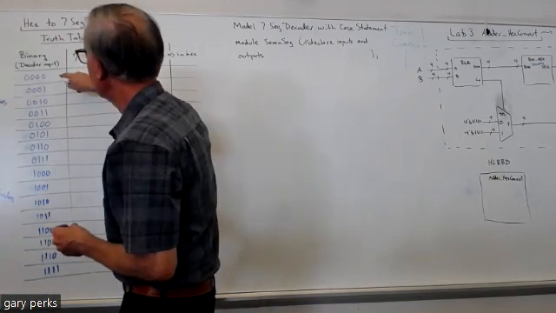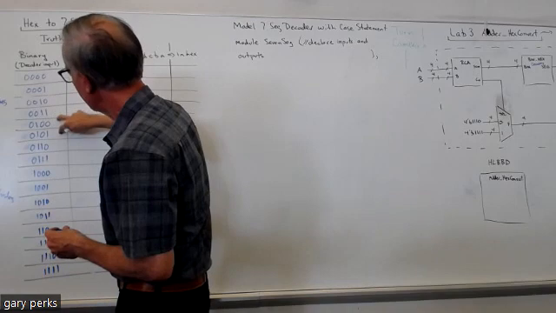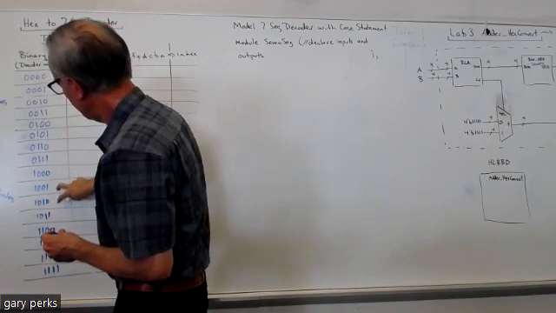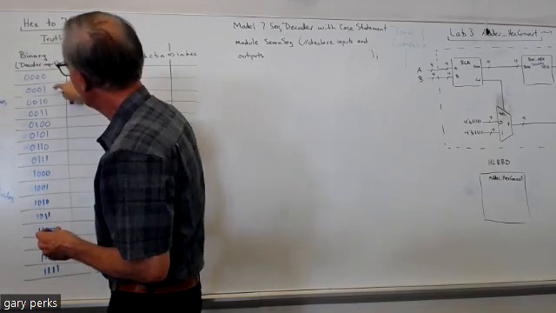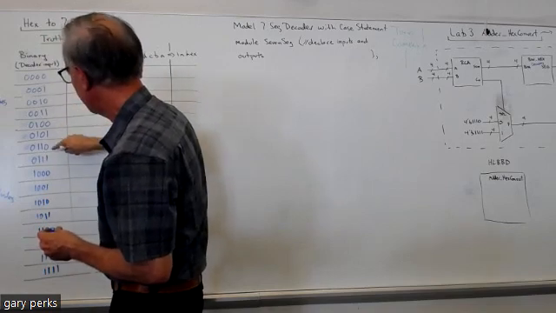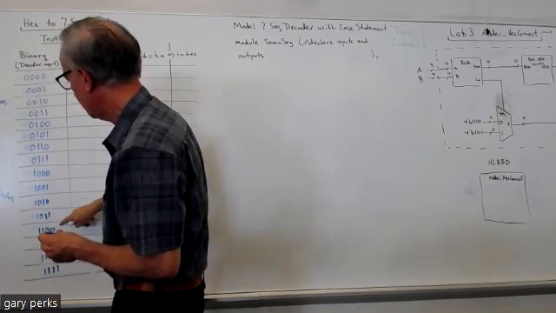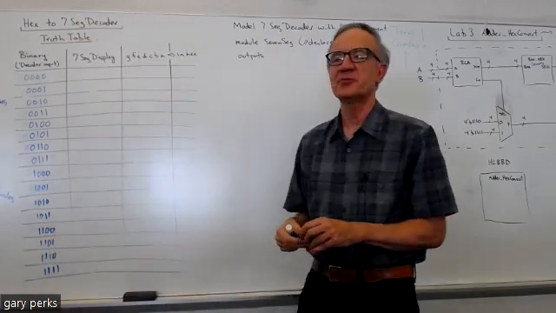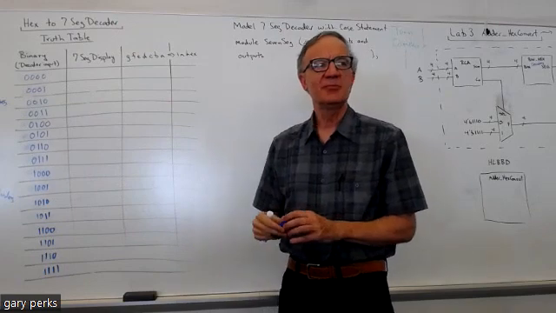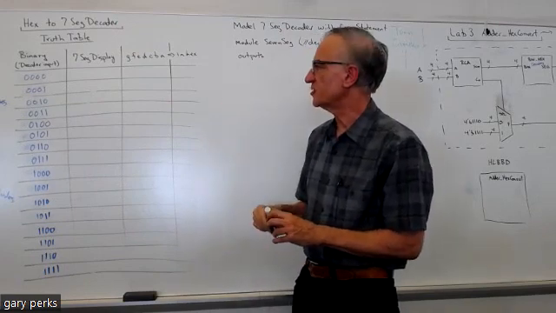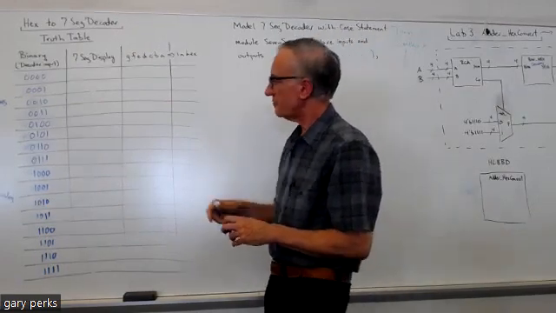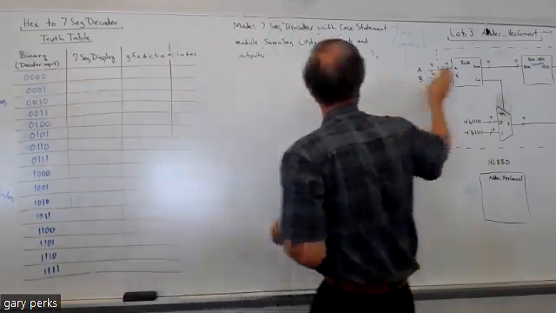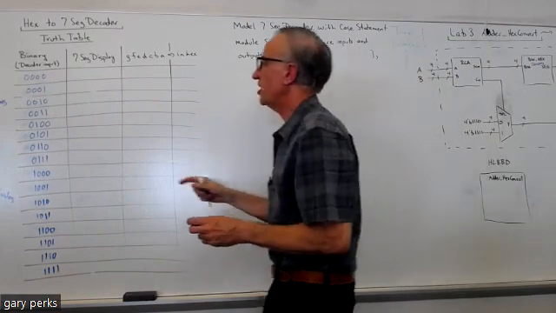Did I make a mistake here? Let's count: 2, 4, 6, 8, 10, 12, 14, 16. Yeah, it's always good to double check, because you can easily mess up a 0 or 1 or something like that. Okay, so this is what's going into this decoder module.